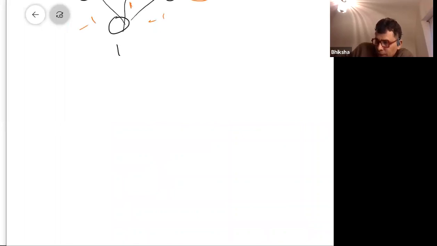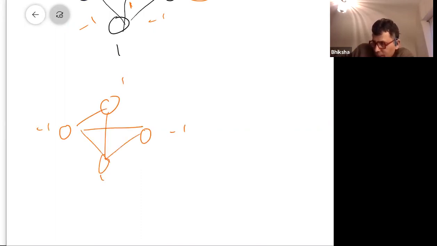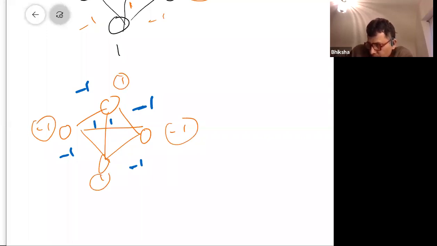So for example, if I wanted to store this pattern, 1, 1, -1, -1, then this is going to give me the weights -1, -1, -1, -1, -1, -1, 1, and 1. So these would be the weights that I would need to store this pattern, right? But at the same time, suppose I also wanted to store a different pattern of this kind, which is, say, 1, 1, -1, -1.